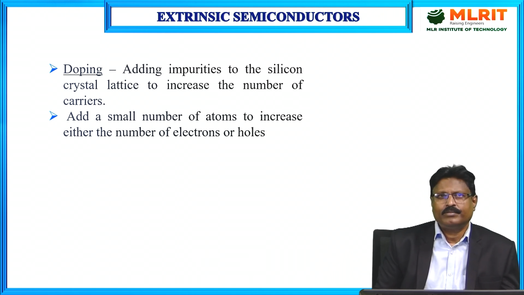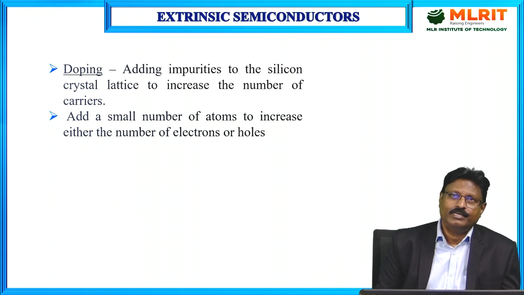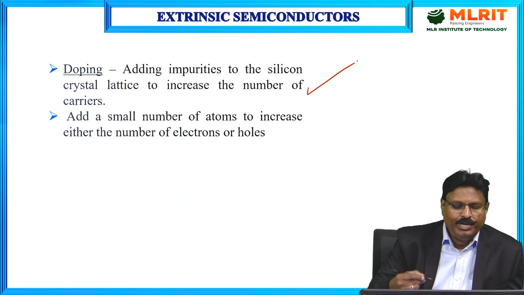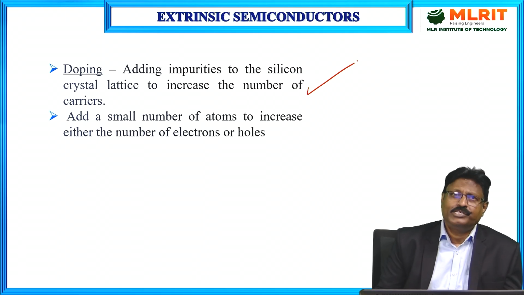So there is a need for us to increase the conductivity of the semiconductors. That is why we went for extrinsic semiconductors, where we dope impurity atoms into the crystal lattice to increase the number of carriers.